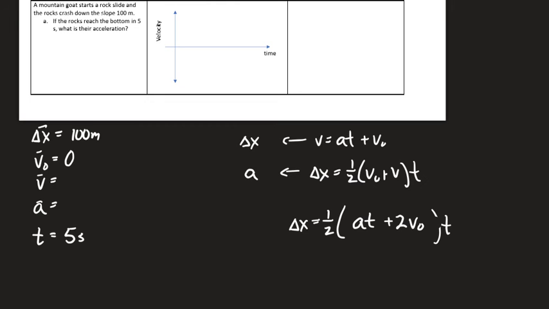I can distribute the T, and I can distribute the 1/2, and I'll get delta X equals 1/2 AT squared plus V naught times T. I've created something new. This is a new relationship that has 4 motion variables in it, but is missing the final velocity.